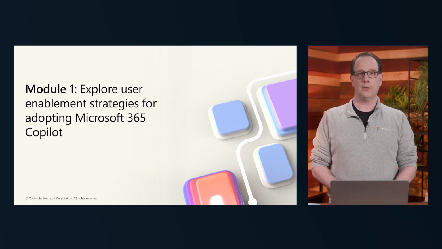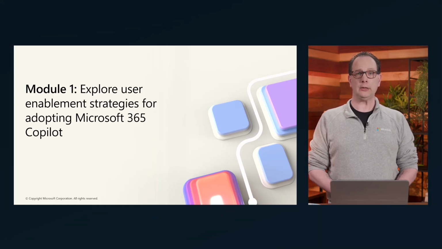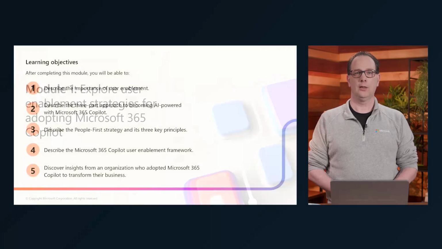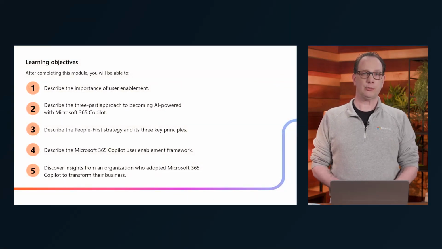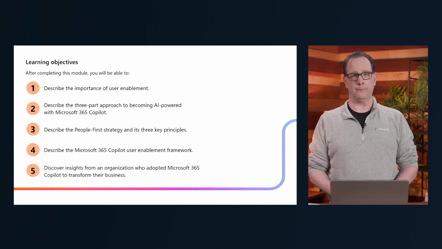In this module, exploring user enablement strategies for adopting Microsoft 365 Copilot, you're going to learn how to put people at the heart of adopting generative AI, like Microsoft 365 Copilot, through the people-first strategy. Together, we'll explore the importance of user enablement and our approach to becoming an AI-powered organization.